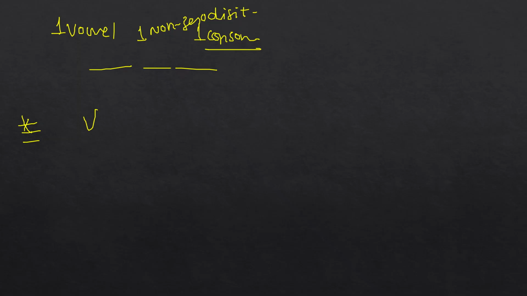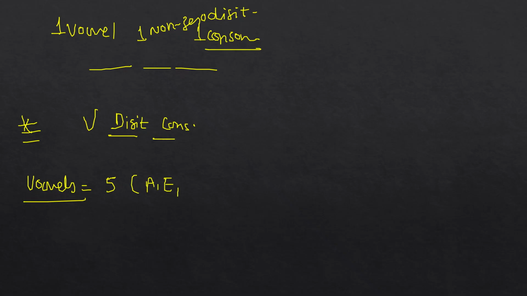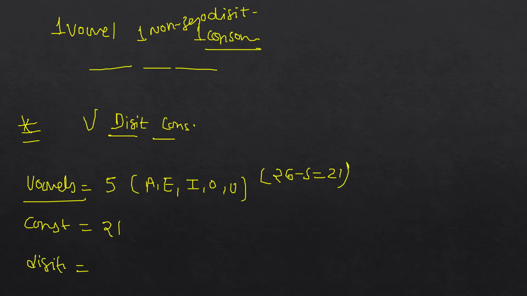First one vowel, second the digit must be non-zero, 1 to 9, and third a consonant. As we know, total vowels are 5: A, E, I, O and U. Consonants total 21, 26 minus 5. And we have digits 1 to 9, meaning a total of 9 choices.